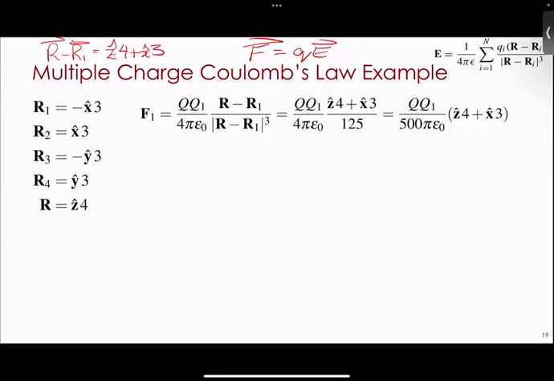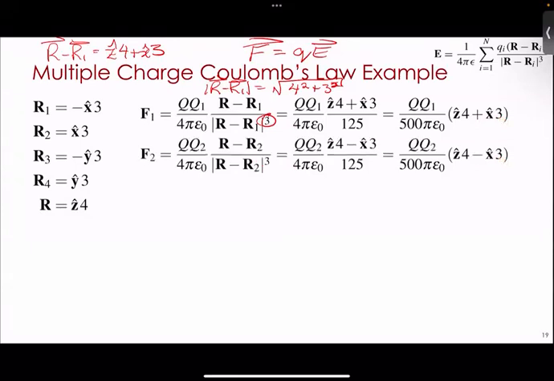The magnitude of R minus R1 is the square root of 4 squared plus 3 squared. 4 squared is 16, 3 squared is 9, 16 plus 9 is 25, and the square root of 25 is 5. Then we have to cube it: 5 times 5 is 25, times 5 is 125. That's where the 125 comes from. Then you can multiply 125 by the 4 if you want, to give you 500. You still have the pi epsilon naught, and you still have the Z hat 4 plus X hat 3.